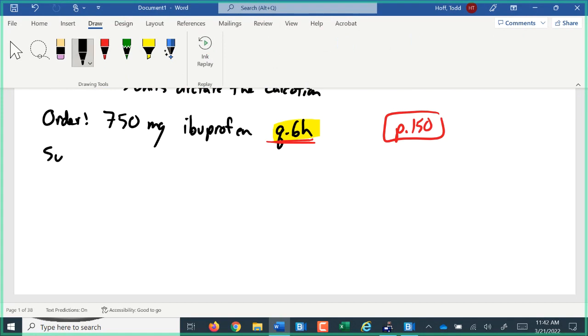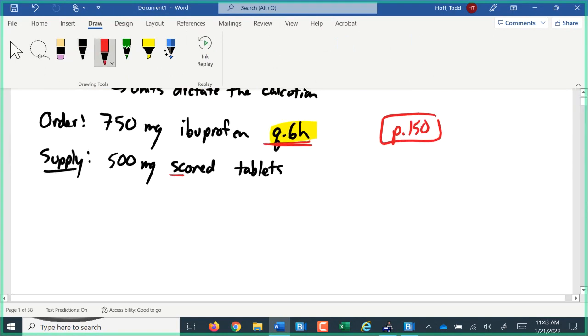So then let's look at our supply. Our supply might say, look at the bottle and it says 500 milligrams scored tablets. So an important pair of words here.